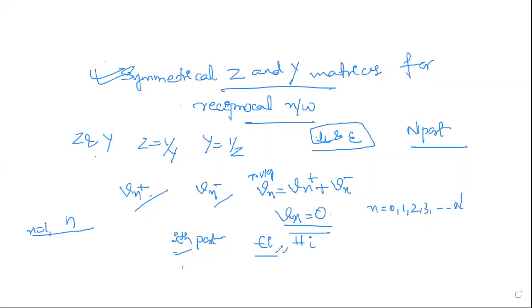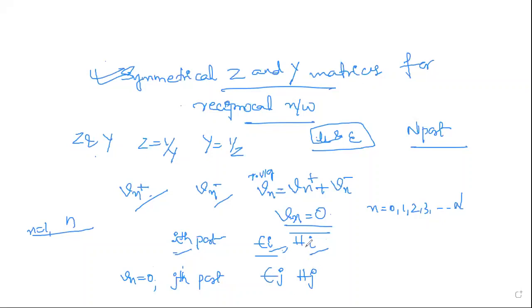So across the port, the electric field is Ei and the magnetic field is Hi. Similarly, again, let Vn be equal to 0 for all the ports except the jth port, which you'll be considering, where the electric field across the port is Ej, and the magnetic field will be Hj.